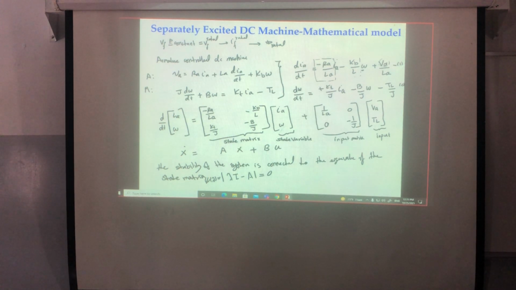So let's assume I did that and I'm having the final answer, which is: psi lambda, the characteristic equation, is equal to S squared plus (RA over LA plus B over J) multiplied by S, plus a constant term which is (RA B over J plus KB squared) over J LA, equal to 0.